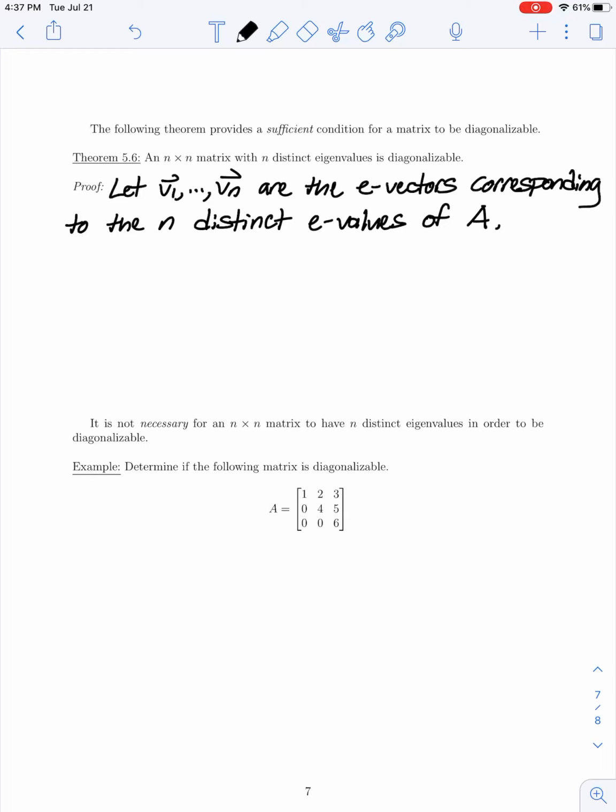Let's call it A. Now, we had seen in our first section of chapter 5, theorem 5.2 said if we have n distinct eigenvalues of a matrix, the eigenvectors corresponding to those values form a linearly independent set. So here by theorem 5.2, this set of vectors v1 through vn is linearly independent.